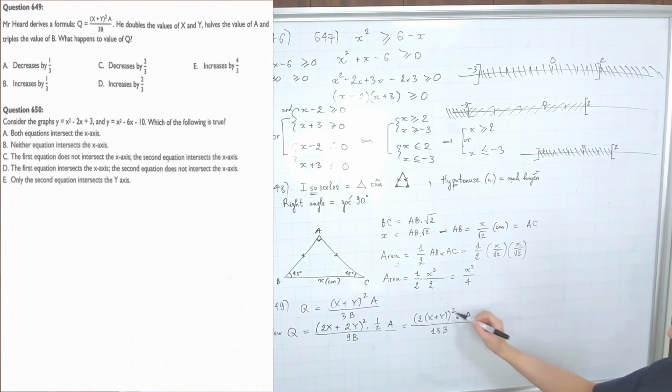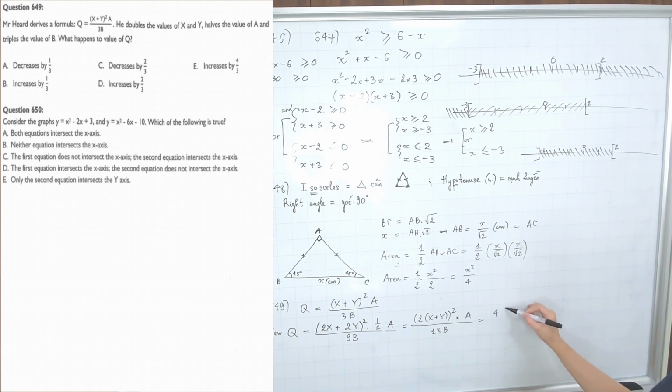And then we have 2 squared, 4 times x plus y squared, A divided by 18b. And then 2, 9. Sorry? What do you say? Like this.